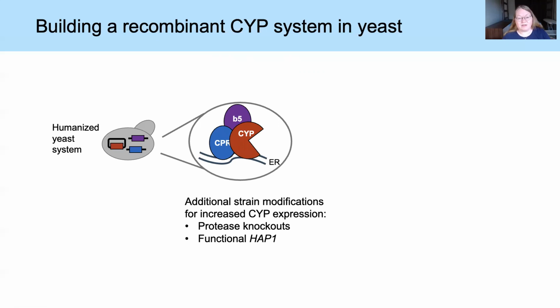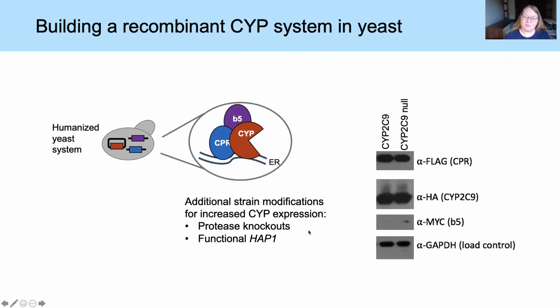The modifications that we ended up with were expressing 2 cofactors for the CYP, and also knocking out the proteases, which is an old protein expression trick, and fixing some of the lab strain deficiencies that the strain has accumulated. So at the end of the day, we were able to get high expression, and we're able to get good activity out of these cells.